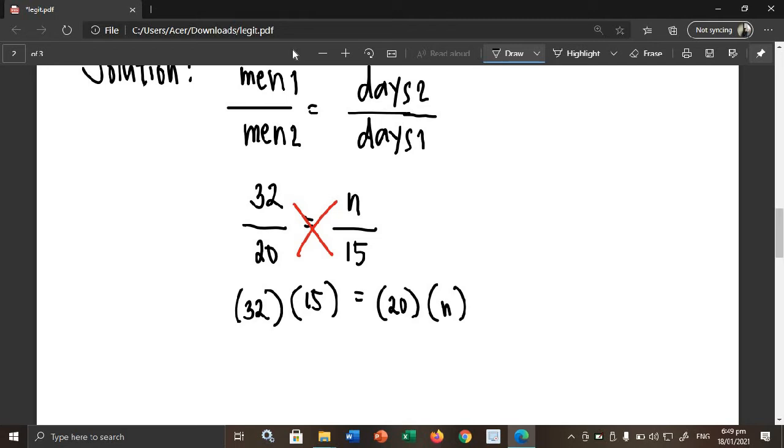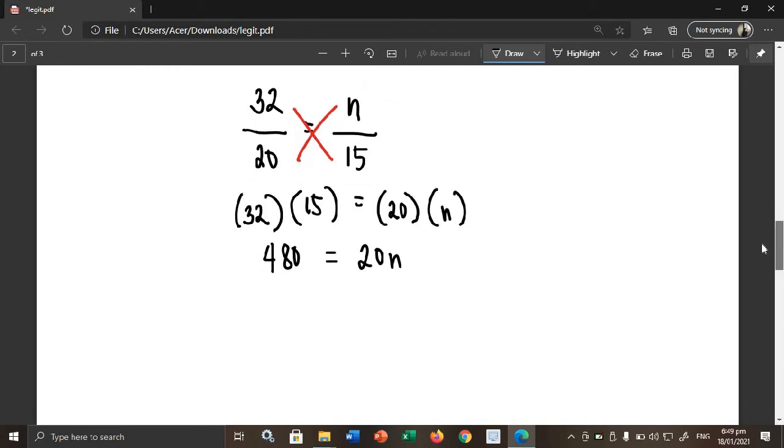So, 32 times 15, that is equal to 480 is equal to 20n. 20 times n is simply just 20n. Then, we need to divide 20n by 20 para makancel yung 20 na katabi ni n. We also need to divide 480 by 20. Kasi kung ano yung dinivide mo on this side, yun din yung divide mo on the other side.